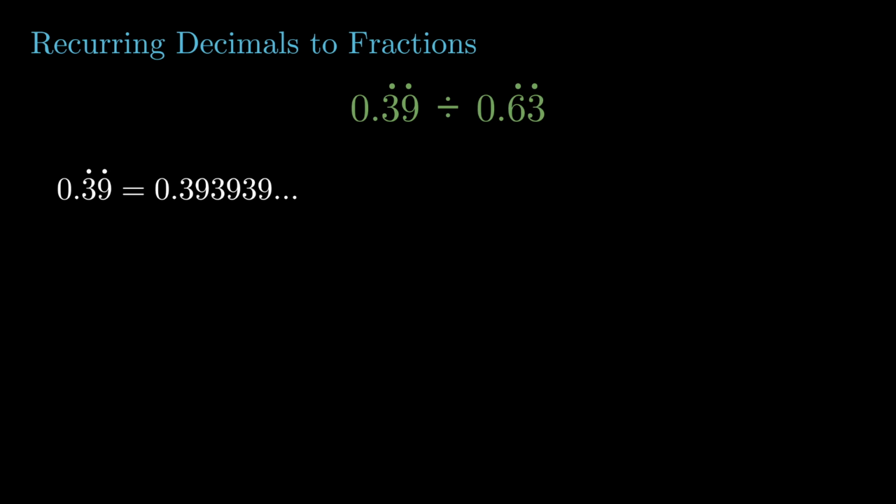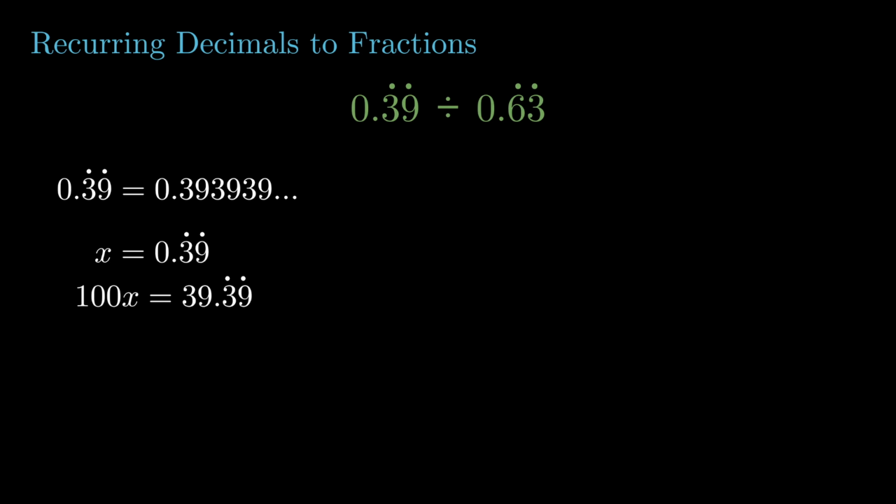So same as before, the first step is let x be equal to 0.39 recurring. And now if we times both sides by 100 immediately, it will be easier. So we get 100x is equal to 39.39 recurring. Now as you can see, we can subtract them from each other and the recurring decimals will cancel out.